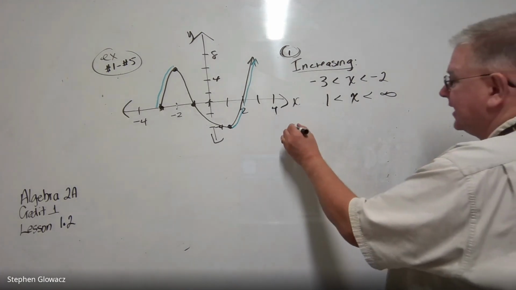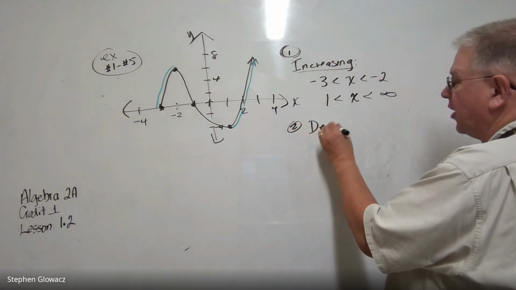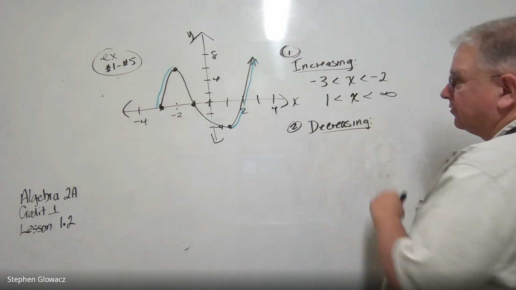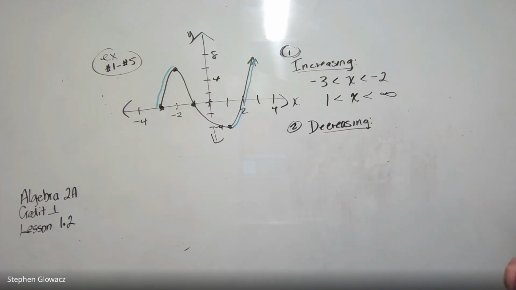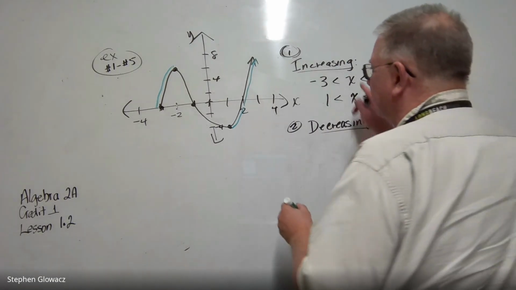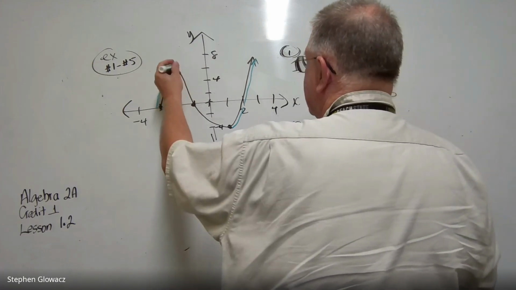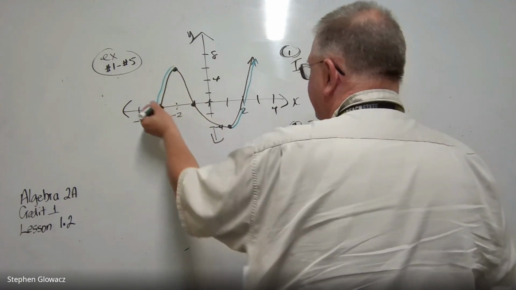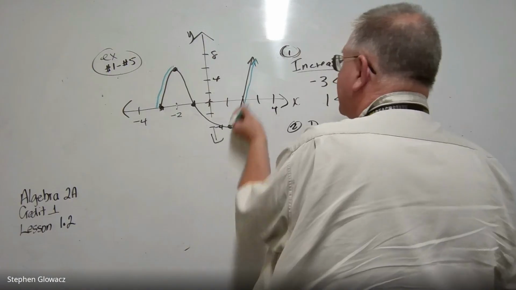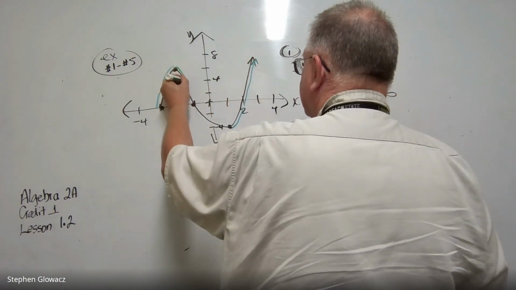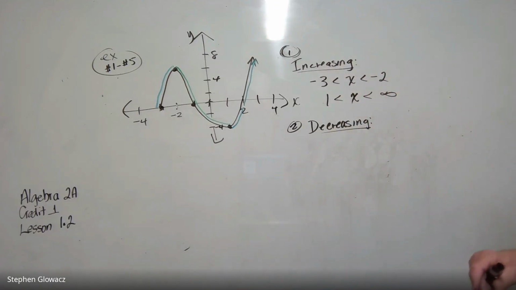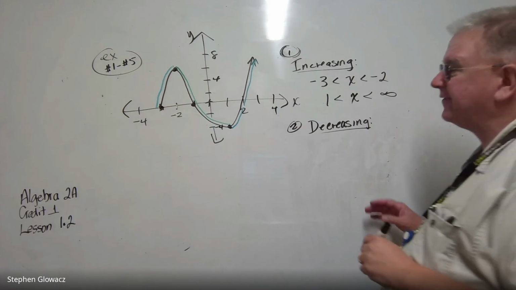All right, next, for number 2, we're going to talk about where the graph is decreasing. We kind of avoided using the word decreasing in the example for number 1, but where the roller coaster is going down, so up, then down, and then up again, where it's going down, we would say it's decreasing. So what is the range of values for which the graph is decreasing?